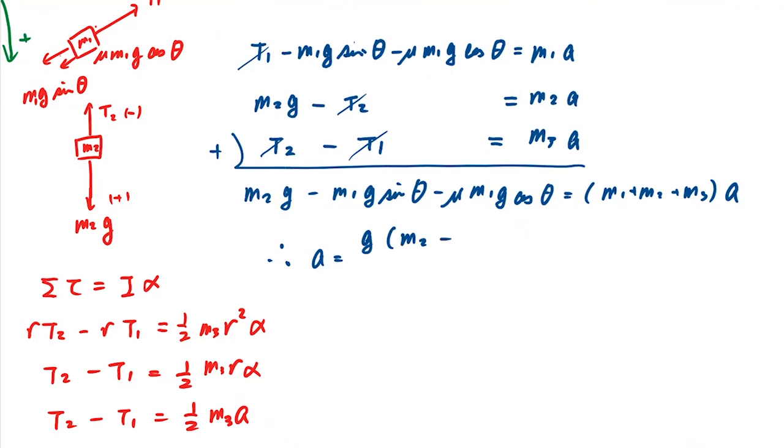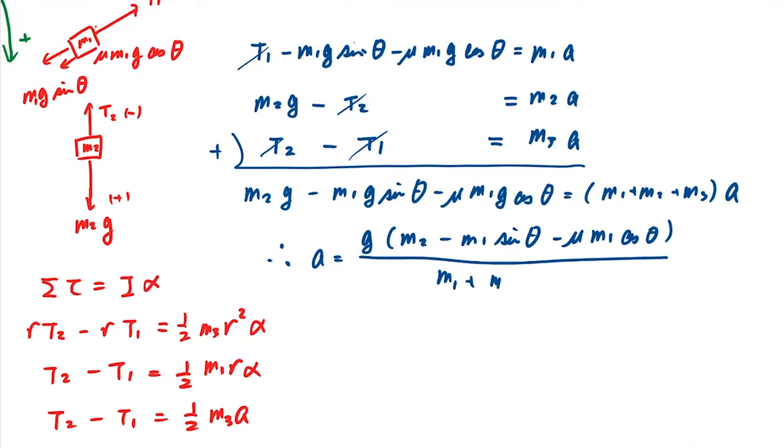G, M2 minus M1 sine theta minus mu M1 cosine theta, all divided by M1 plus M2 plus, I dropped 1/2 here, right? Because we had half down here. Good. 1/2 of M3.